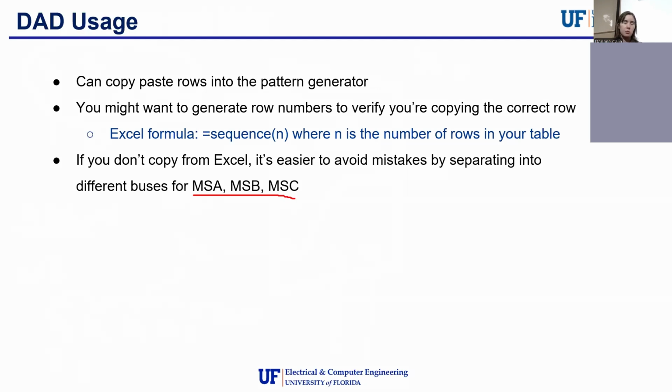So what you're going to do is use your DAD to simplify this process. Instead of using switches and selecting MSA, MSB, MSC on the switches, you can use the pattern generator in WaveForms, which allows you to set patterns.